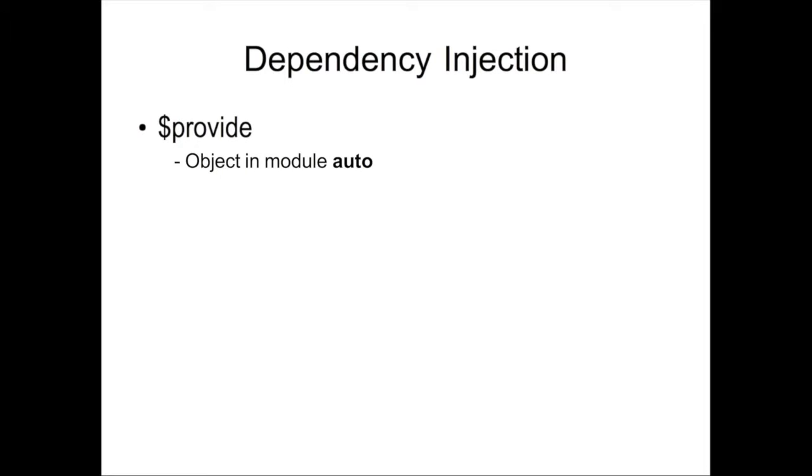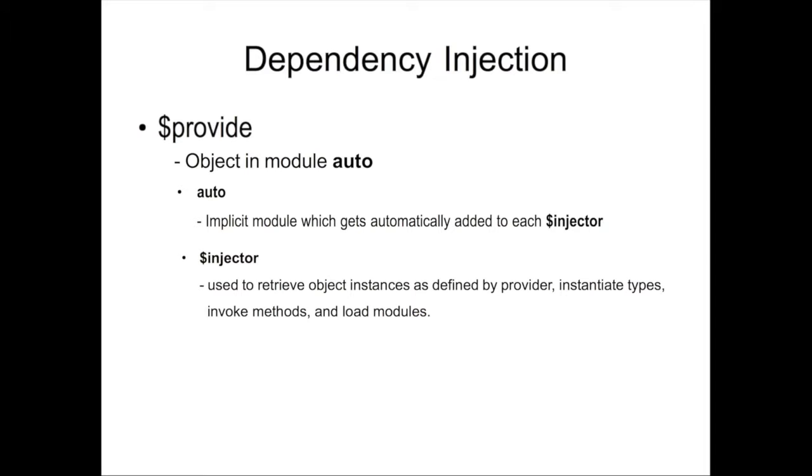Okay, so this is all confusing. It's an object in the module auto. What is auto? Auto is an implicit module which gets automatically injected to each injector. What is injector? Injector is used to retrieve object instances as defined by the provider, instantiate types, invoke methods, load modules.